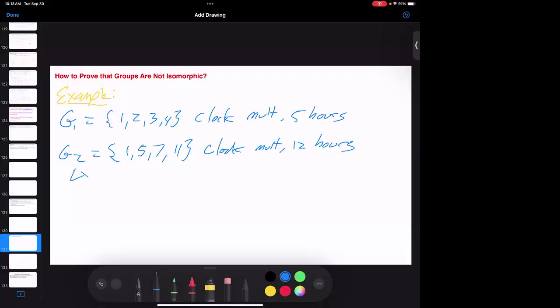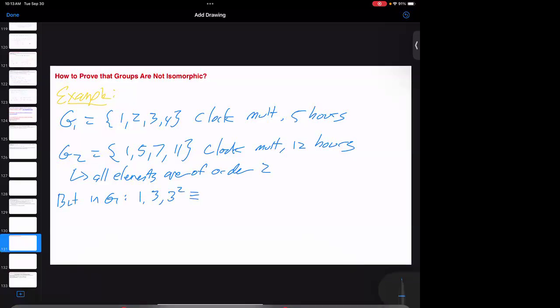So all elements in G2 are of order 2. But in G1, we go 1, 3, 3 squared. What is 3 squared mod 5? 4.